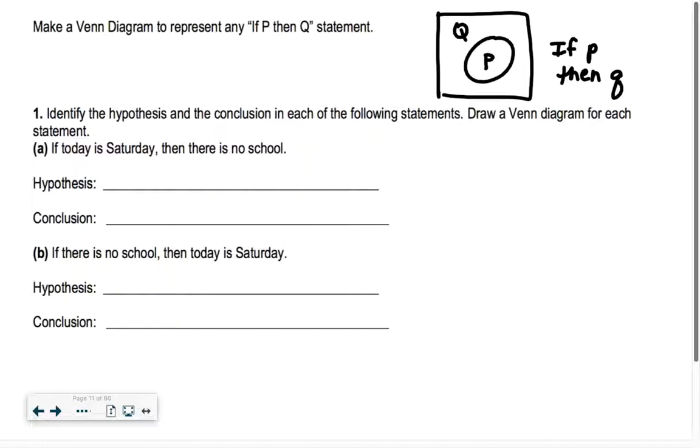Because in the next section, we're going to be talking about, are we allowed to move things around? Are we allowed to say, so if I start with, if today is a Saturday, then there is no school. That's true. If it's Saturday, we're not going to have school, right? So our hypothesis is today is Saturday. And our conclusion is there is no school.